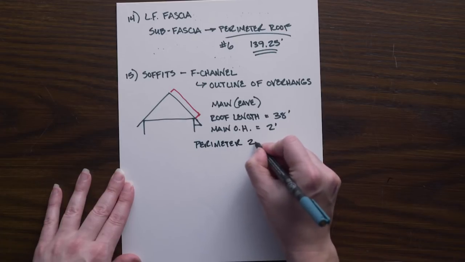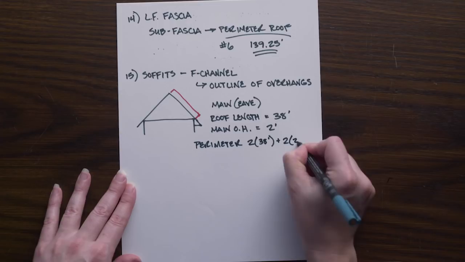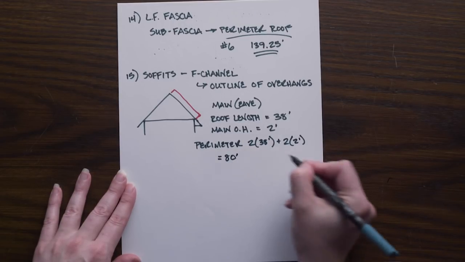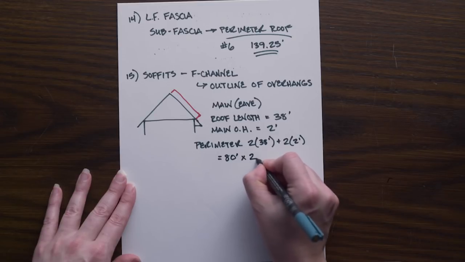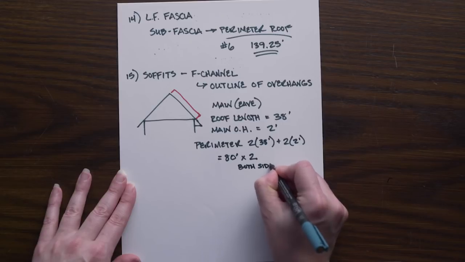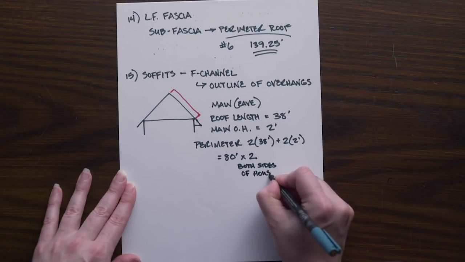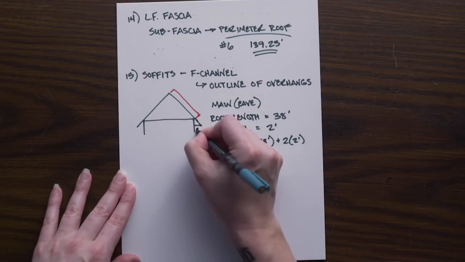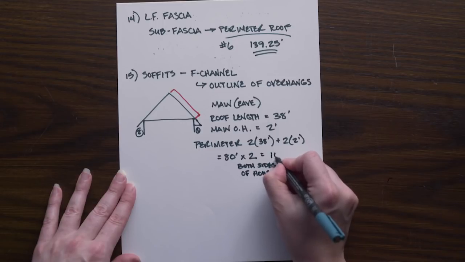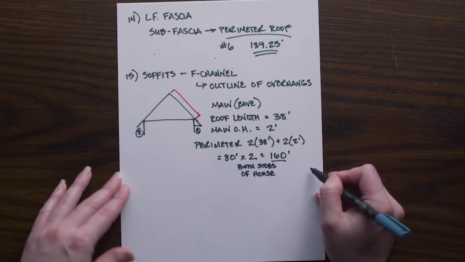So it is 2 times the 38-foot length plus 2 times the 2-foot overhang length gives us a total of 80 feet. We just multiply by 2 because we want to make sure we get both sides of the house. We have the main overhang on this side as well as this side over here. So we have a total of 160 feet for our main overhangs.